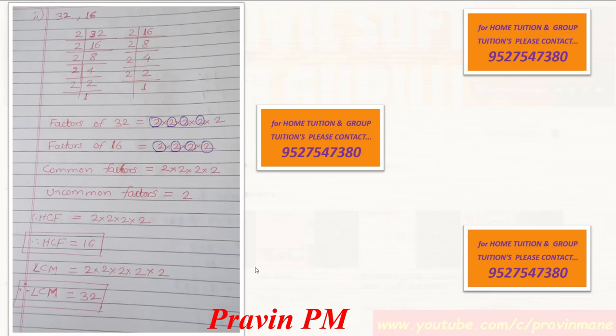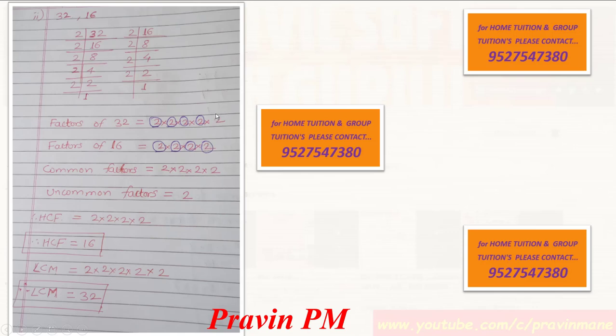Now, second sub question, 32 and 16. In the same way, find out the factors of 32 and factors of 16, list them, and circle the common factors. Write there common factors is equal to 2 multiplied by 2 multiplied by 2 multiplied by 2, 4 times 2 is common.